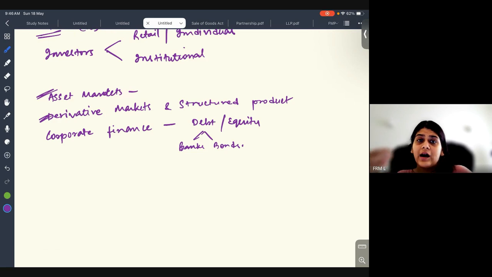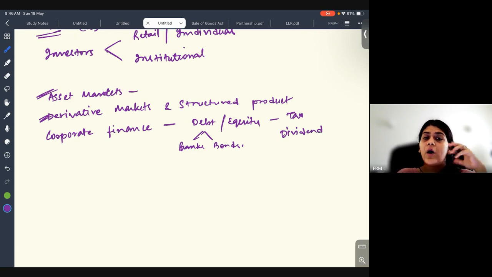And plus, a detailed analysis of how this debt equity ratio is going to impact our company, plus also other considerations like tax, dividends, what is the dividend policy going to look like. All of these things will be covered in corporate finance. It is basically going to focus on all the institutional clients that we are going to have as investment consultants.